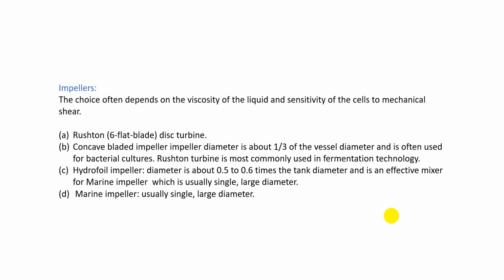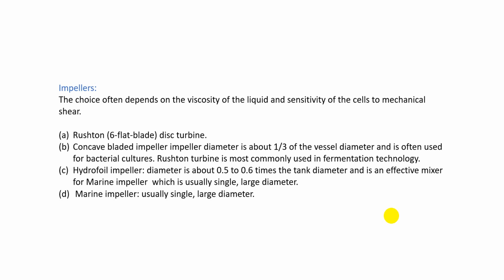Now coming to the impellers. The choice of impellers often depends upon the viscosity of the liquid and sensitivity of the cells to mechanical shear. For example, there are 4 types of impellers which are normally used. First is Rushton or disc turbine impeller, which has a 6 flat blade design.